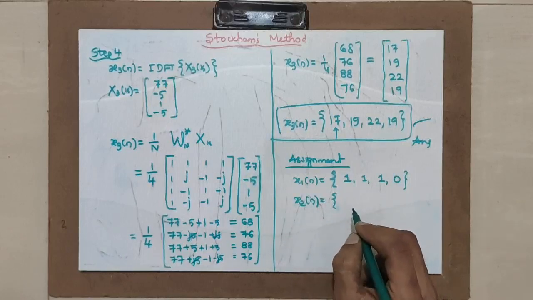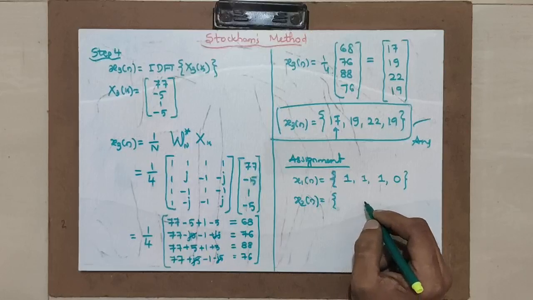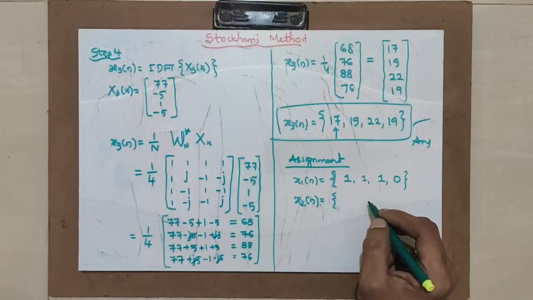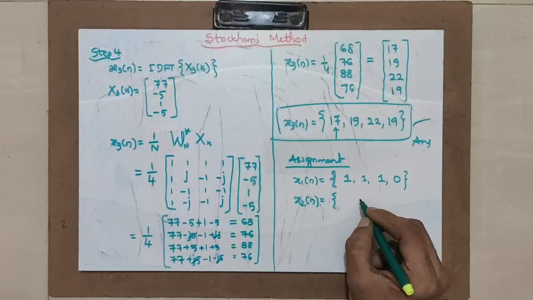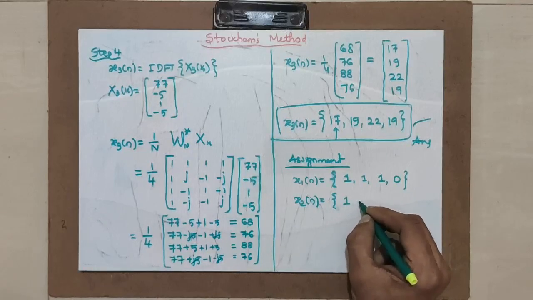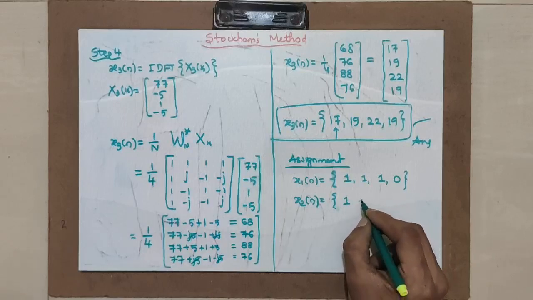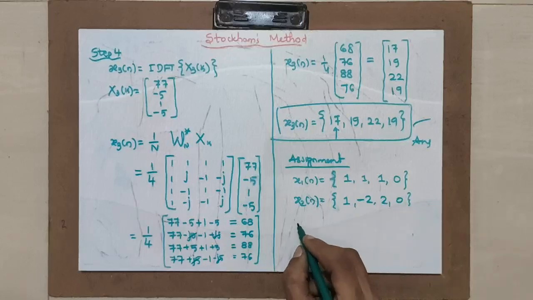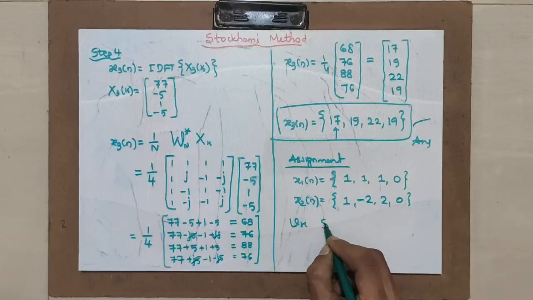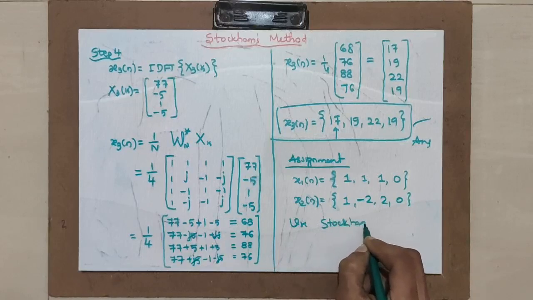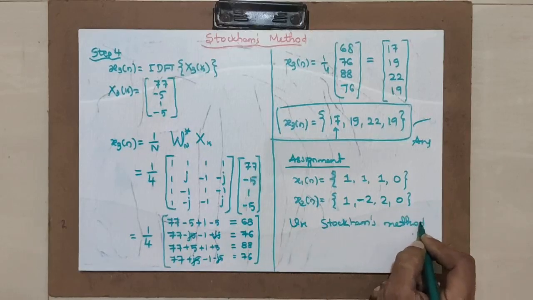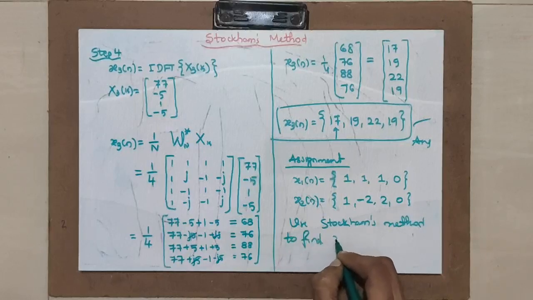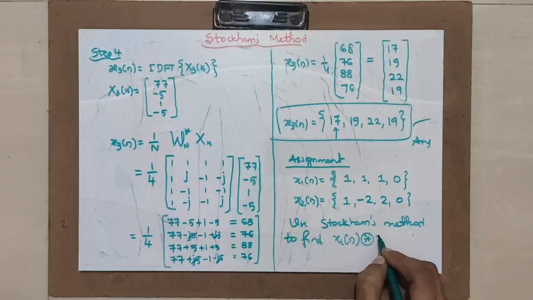X2(n) is 1, minus 2, 2, 0. Use Stockham's method to find X1(n) circularly convolved with X2(n). Obviously, N given here is 4. You have to find this using Stockham's method.